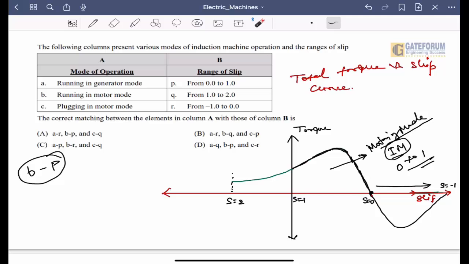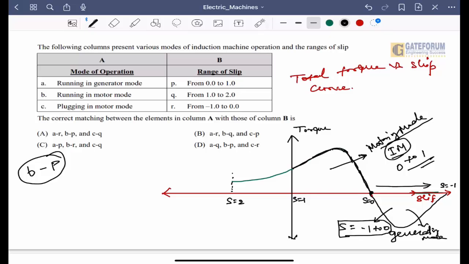Further, we will move to generating mode. This is the generating mode. So we can see slip varies between what? -1 to 0. So in generating mode, induction machine slip varies from -1 to 0.